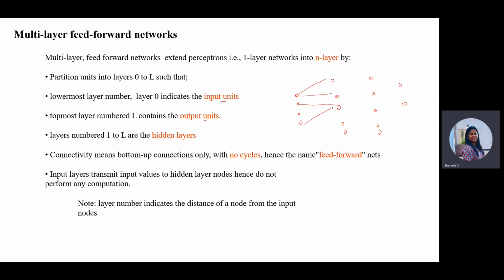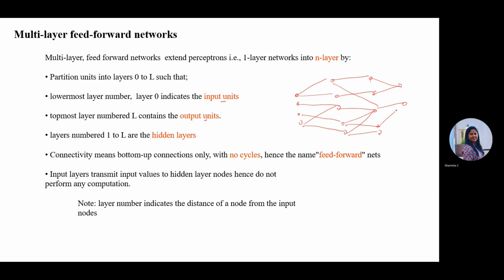Inputs are connected to the hidden layers, and once again from here to here these are connected. Finally the outputs are connected. So here we number from 0 to L. This 0 represents the input units. 1 up to the last hidden layer represents what? The hidden layers. And finally the last one represents what? That is the output units.